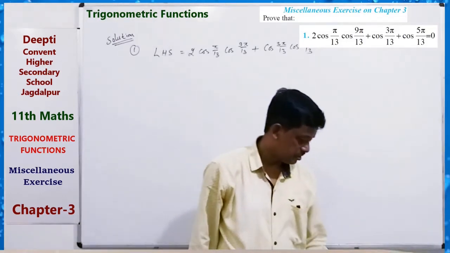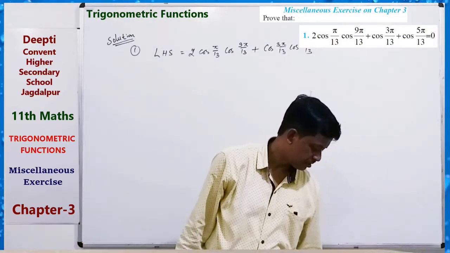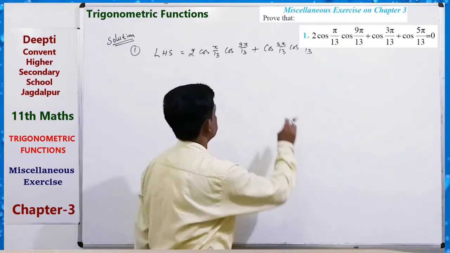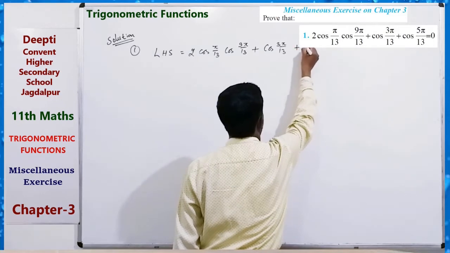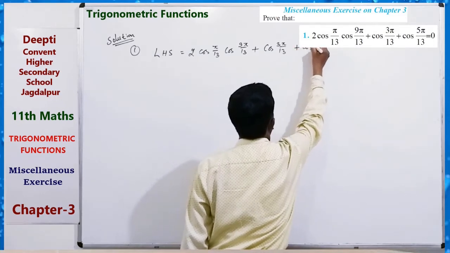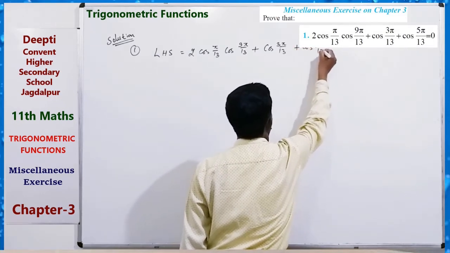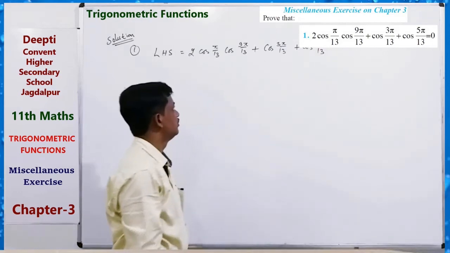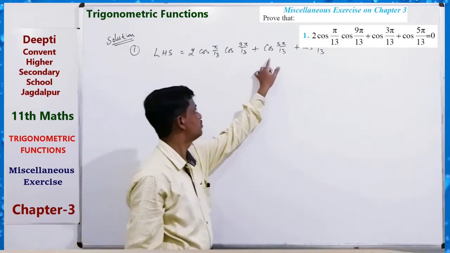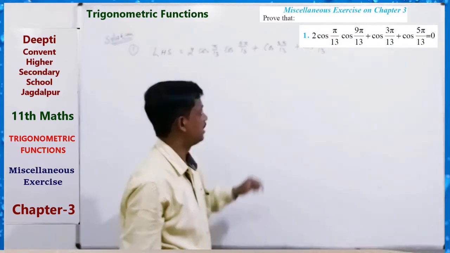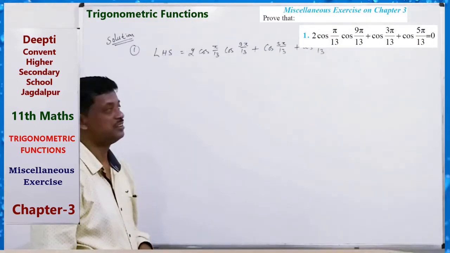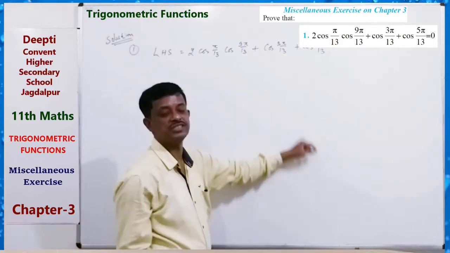Clear? So here there is multiplication, here plus and plus. Okay, and the right hand side is what? 0. We just have to prove this equals 0.